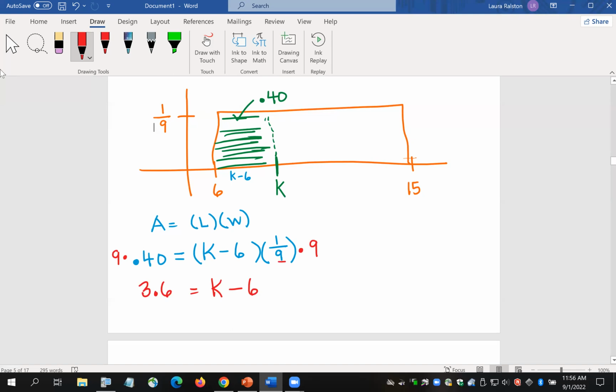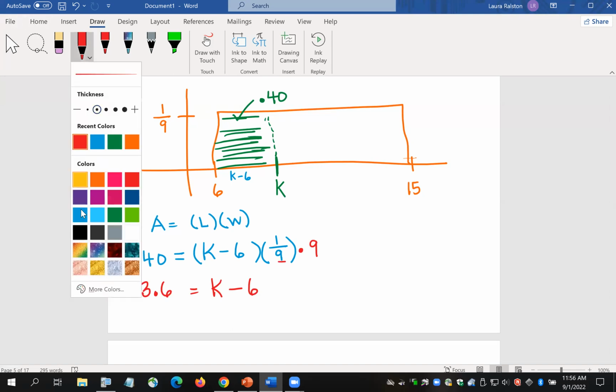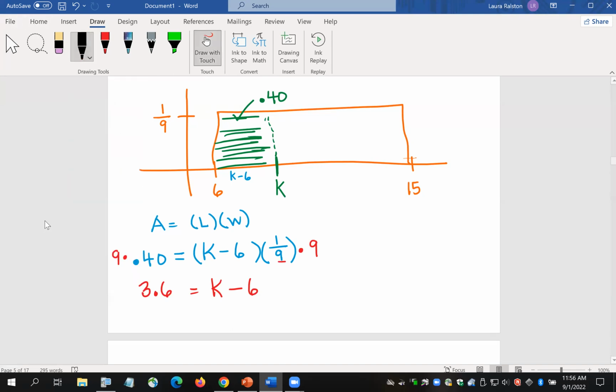And then to finish solving the equation, I'm going to add 6 to either side. Good old basic algebra. And I'm going to carry it over here. 6 plus 3.6 is 9.6, and that equals K.